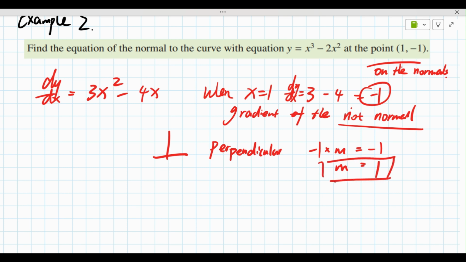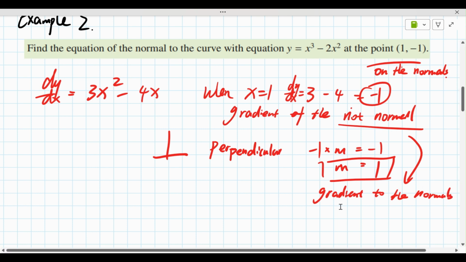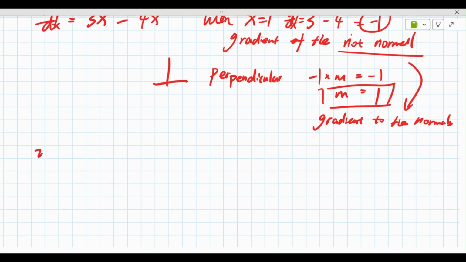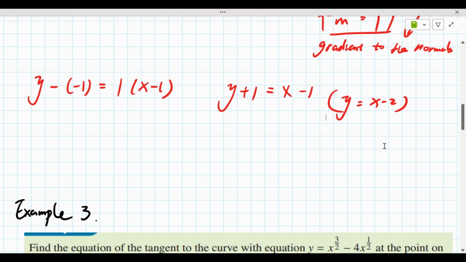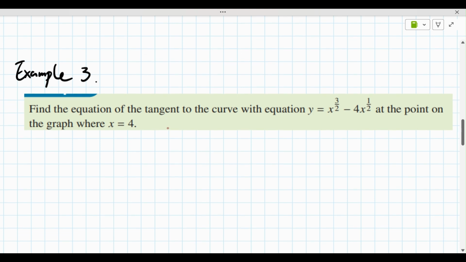So this is your gradient of the normal. Sorry, guys. And then now we do y minus negative 1 equal to 1 times x minus 1. So y plus 1 equal to x minus 1, so y equal to x minus 2. There you go. That's the normal to the curve. Sorry about that.